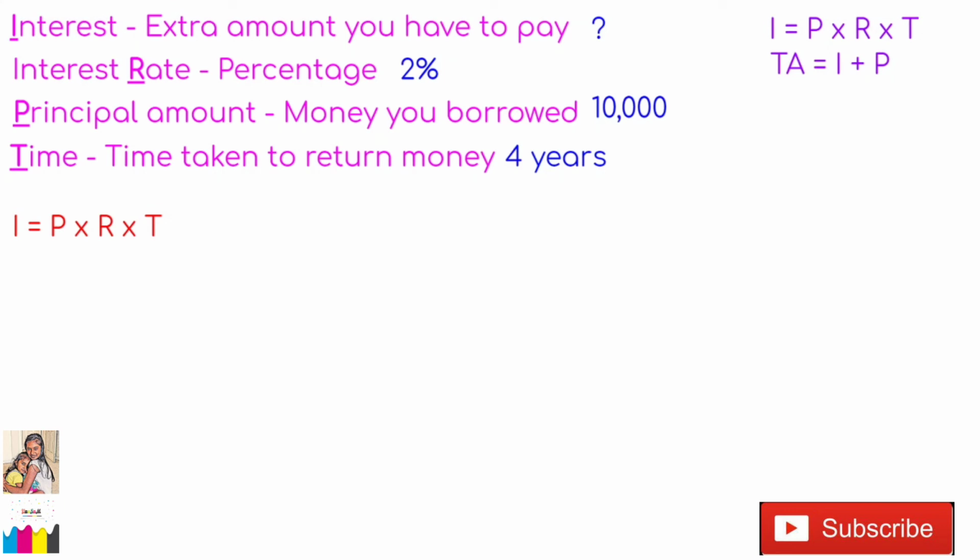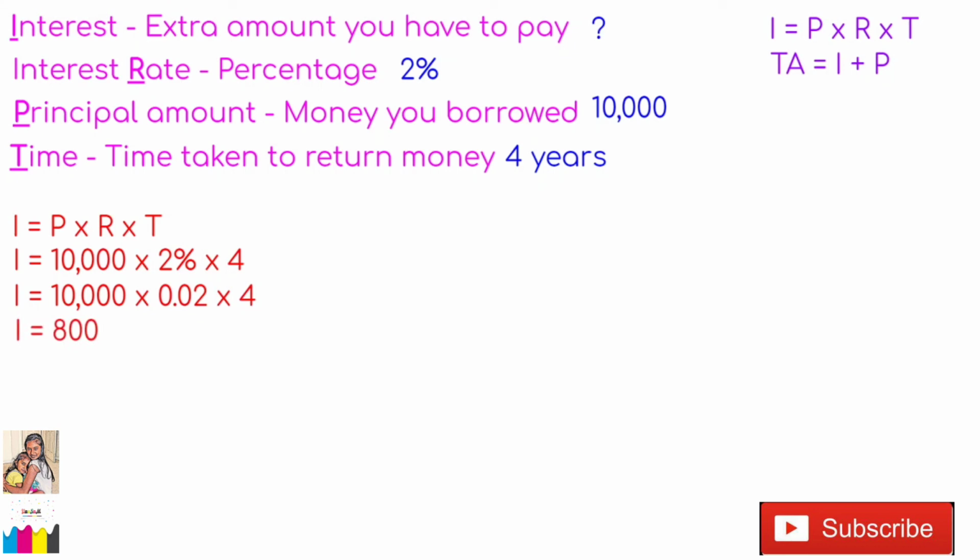So I is equal to 10,000, which is our principal amount, times 2%, which is our interest rate, times 4, which is our time. So let's first change the 2% into decimal, which is 0.02. So to find interest, we'll have to do 10,000 times 0.02 times 4, which is 800. So our interest is 800.